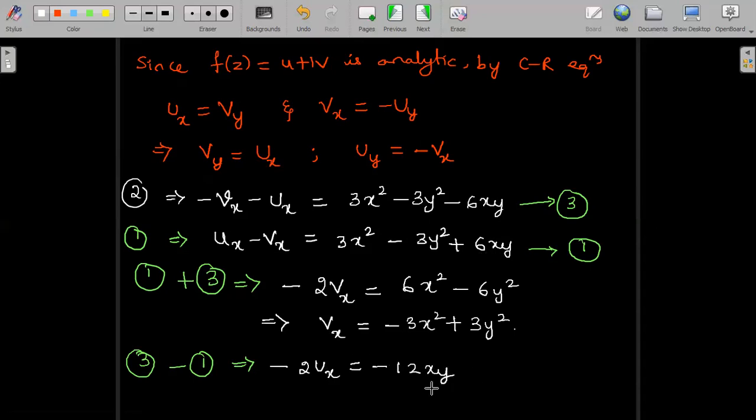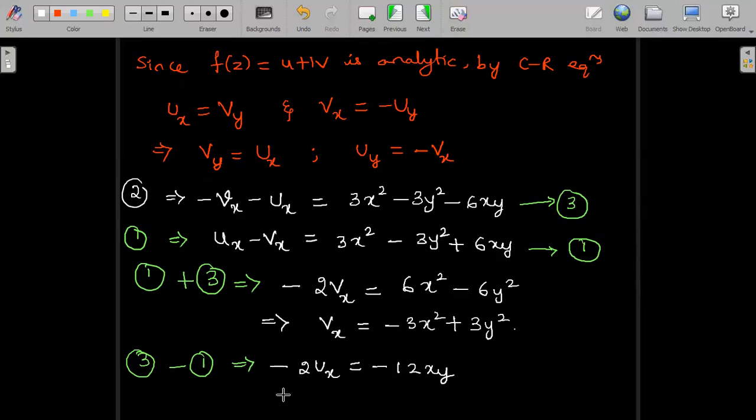Just check whether this is correct. Equation 3 minus 1 I am performing. Since equation 3 was below equation 1, I was just rewriting in this manner by subtracting equation 3 minus 1. So I have minus Vx minus of minus Vx cancels. Minus Ux gives me minus 2Ux. And then 3x square gets cancelled, 3y square gets cancelled, 6xy gets added up.